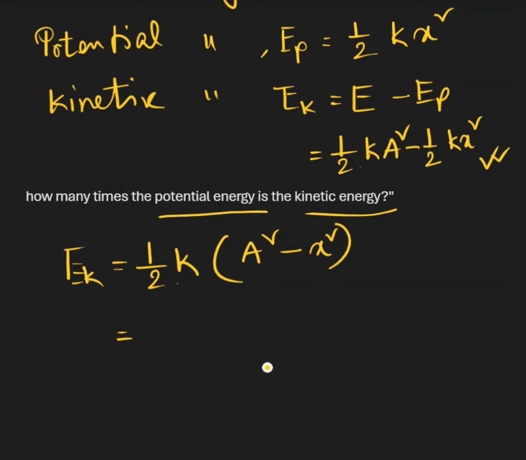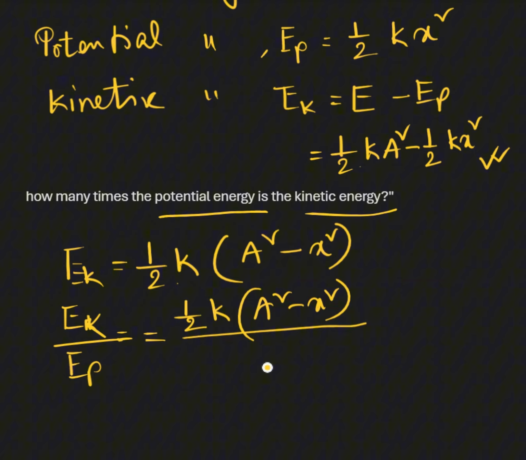So we could write down the ratio of EK over EP, and let's plug in the values. So it will be half k times a square minus x square over half k x square.